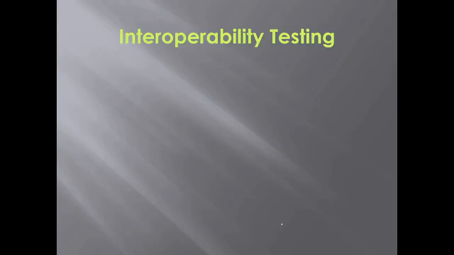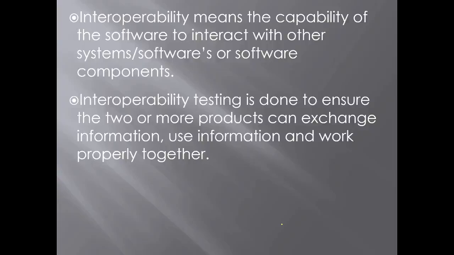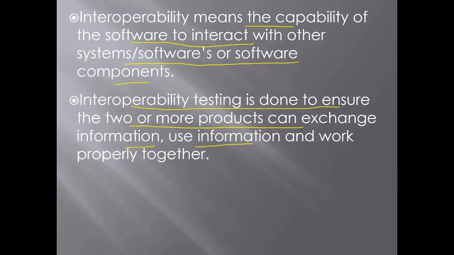The exchange of information between these products you are going to test. Interoperability means the capability of the software to interact with other systems or software components. Another definition: interoperability testing is done to ensure that two or more products can exchange information, use information and work properly together.